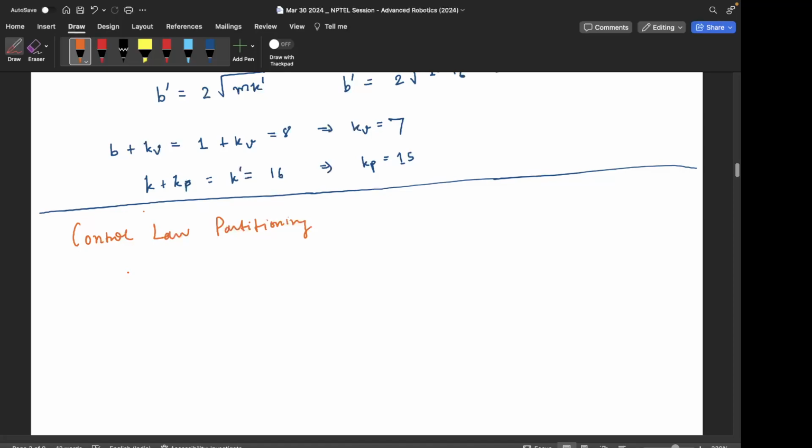So we have two parts here, the model based part and the servo part.